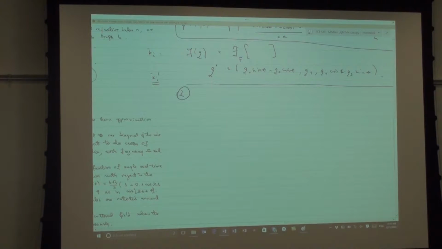I'm going to say my K_i prime, which will be K_xi prime, K_yi prime, K_zi prime, equals the same rotation times my old ones: K_xi, K_yi, K_zi.